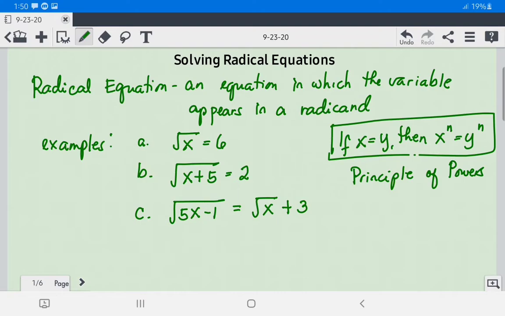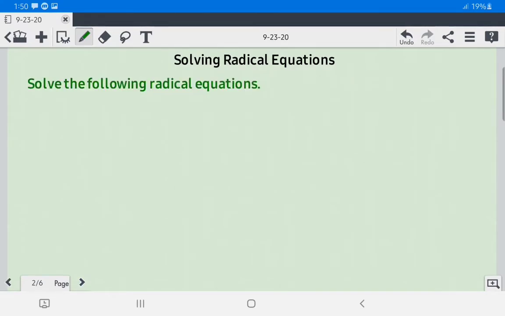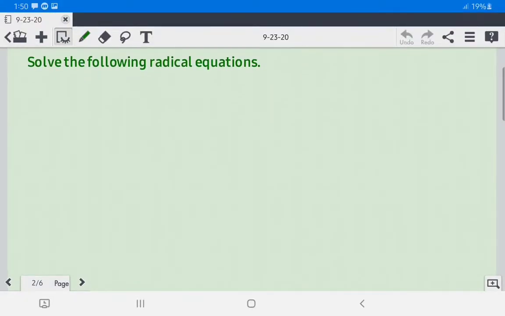So, let us have now an example. Number 1. Let us solve the following radical equations. Number 1, let's say we have square root of x equals 3.